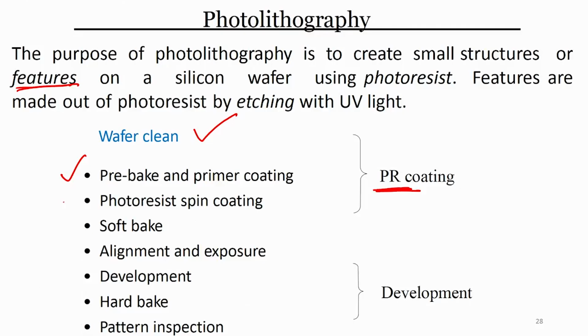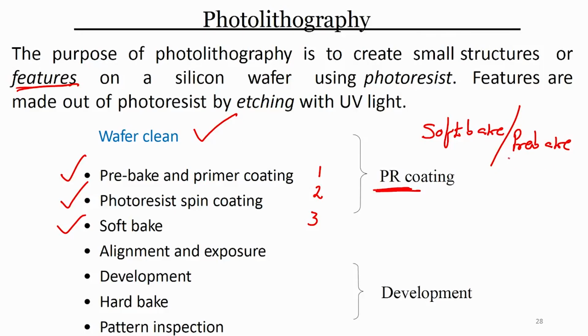Second is photoresist spinning. Third step is soft bake. You should know these things, we have already discussed. One is spin coating, after spin coating you have to do soft bake, or pre-bake.